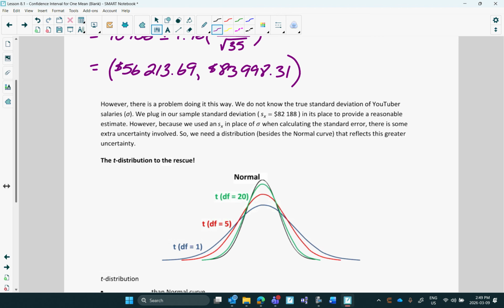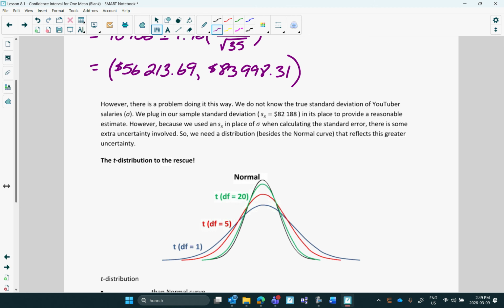We only use the sample standard deviation in its place, which gives us a reasonable estimate. Because it's a reasonable estimate, not perfect, there's some uncertainty involved. So we need a distribution besides the normal curve to account for that uncertainty.